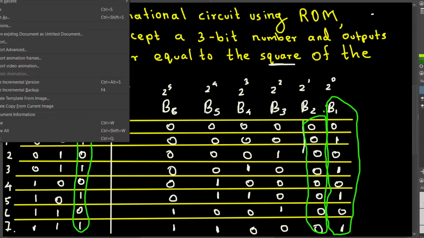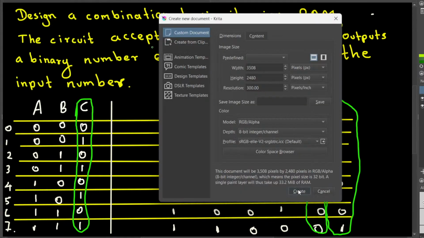I'm going to use the next page to design the circuit. Okay, first we are going to use a 3x8 decoder. So we have 8 outputs.